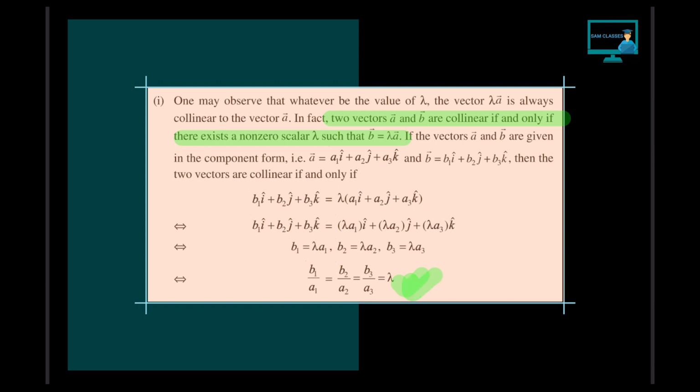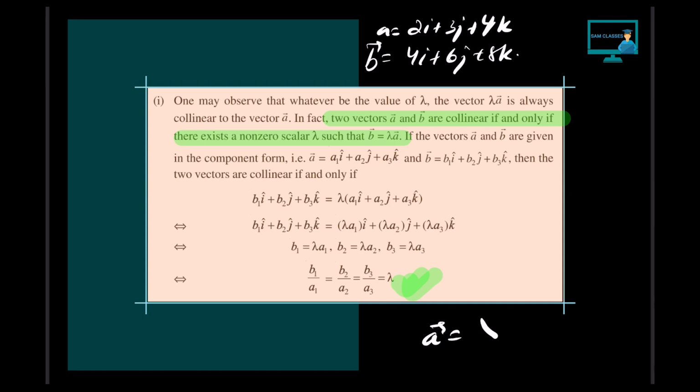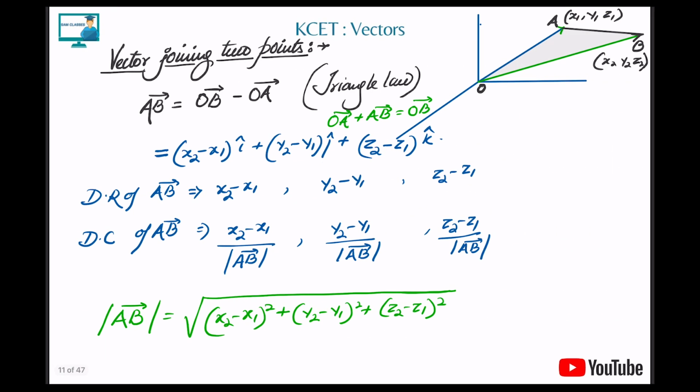Let's say a vector equals 2i plus 3j plus 4k, and b vector is equal to 4i plus 6j plus 8k. Now a and b vectors are collinear. It means a vector is equal to some scalar quantity into b vector. Here in this case, you'll see it is double of that. It can be minus 2 also, but I'm just showing it.